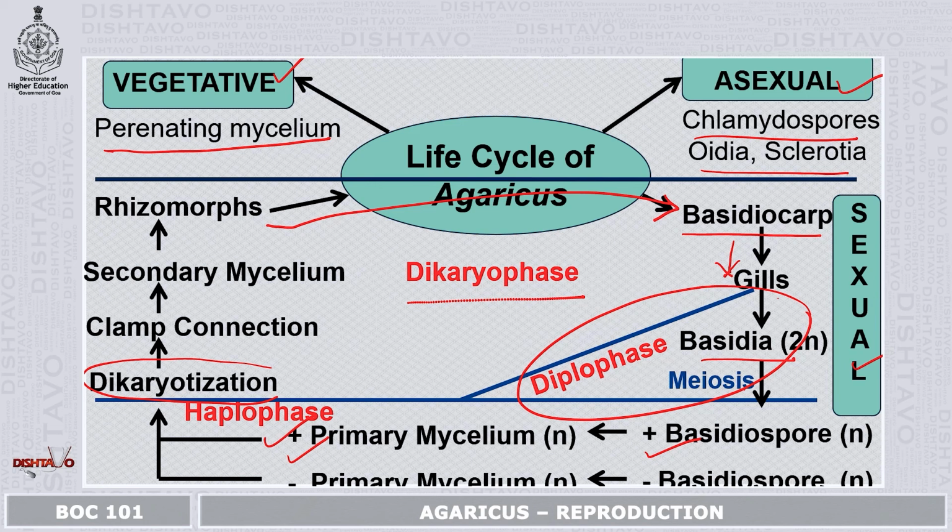So to summarize, students, today we have learned the different modes of reproduction in Agaricus, which include vegetative, and asexual, which is rare, but if it happens, it happens by means of chlamydospores, oidia, or sclerotia.